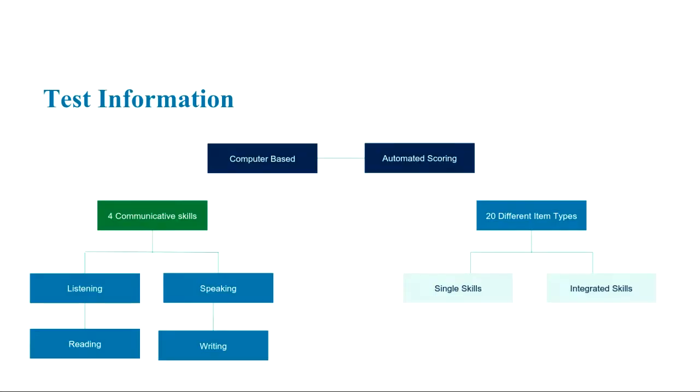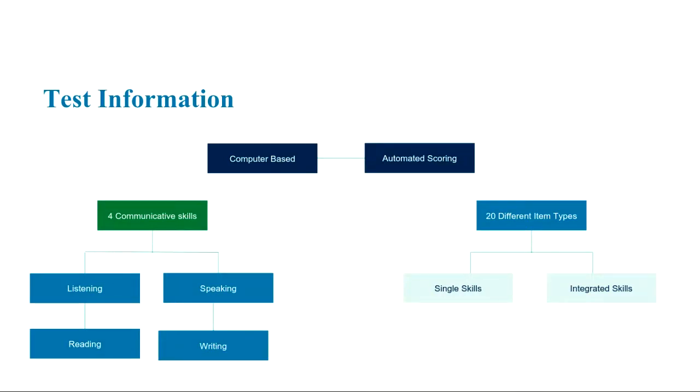The example I'm going to give you is this English language test, but there are many other assessments now being developed that make use of AI. This particular language test is computer based. It is all automatically scored. The really important thing is that it assesses all 4 communication skills. So it isn't a selective construct.